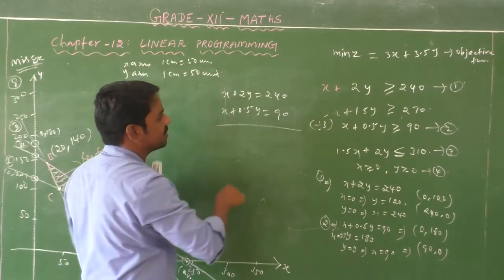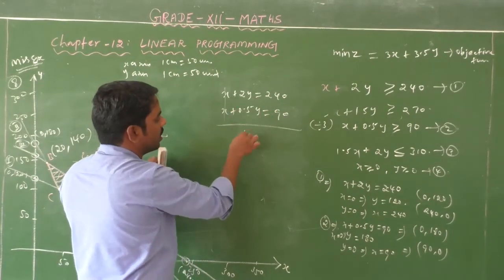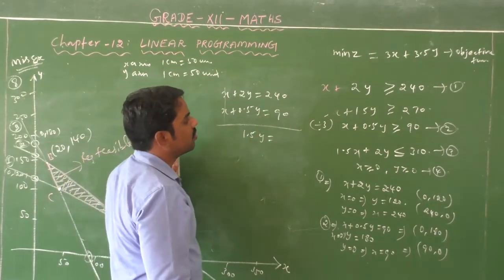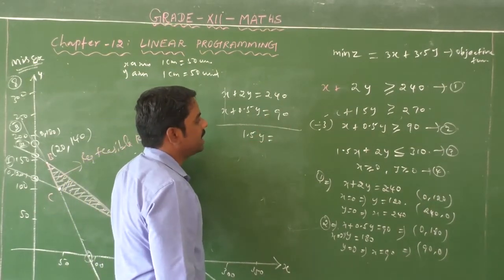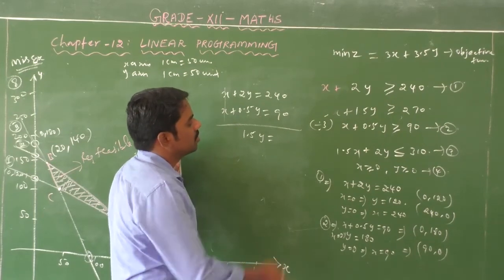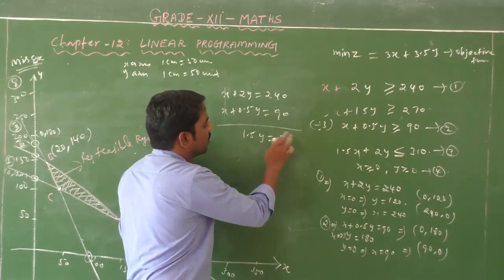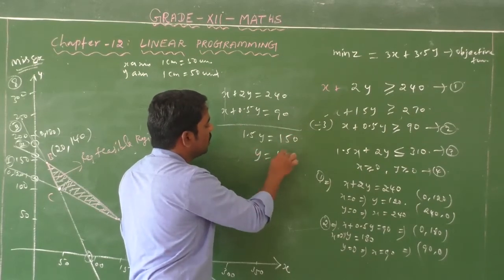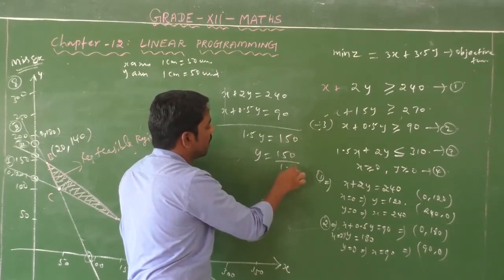So x cancels. 2y minus 0.5y is 1.5y, equal to 240 minus 90, which is 150. Then y is equal to 150 divided by 1.5.